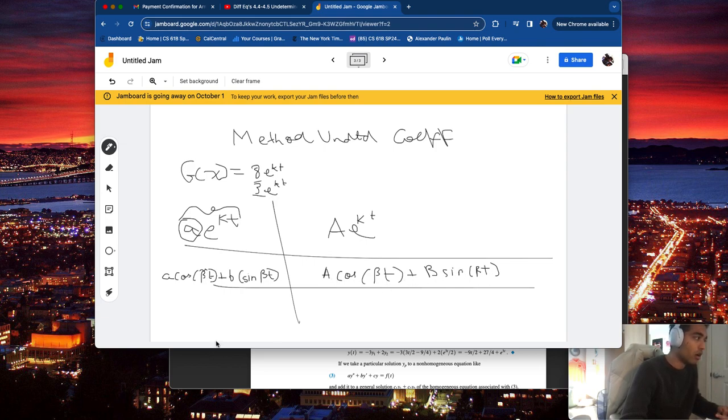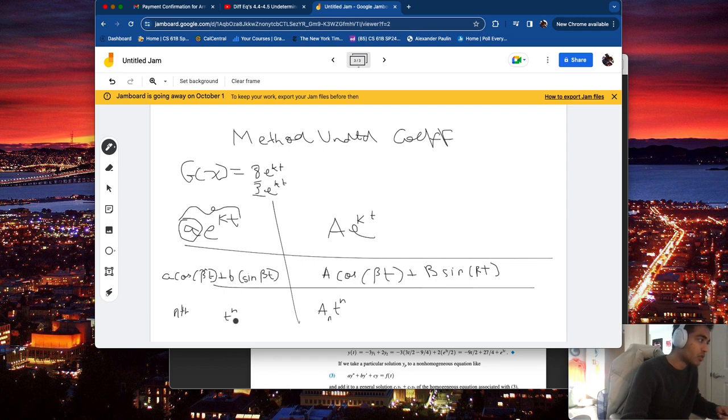And then the third scenario is the nth degree polynomial. So whatever n is, basically you want to write a n t raised to n.